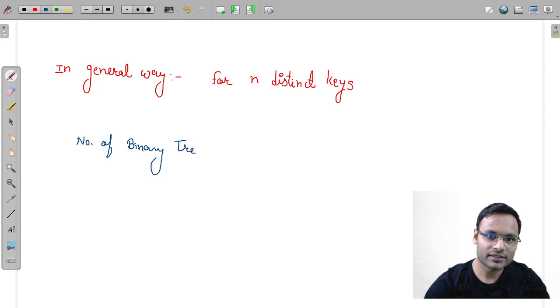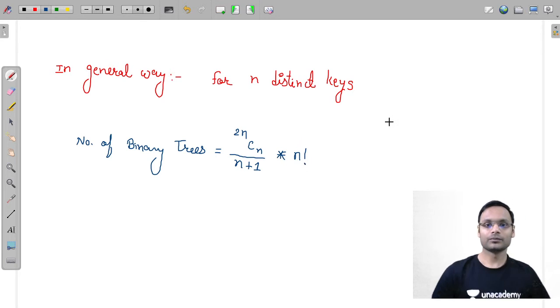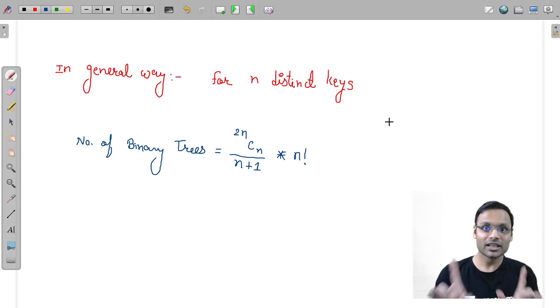First of all, you will have different types of trees given by the Catalan number. These many trees are possible. In each tree you can populate the keys in n factorial ways. So this will be your number of binary trees, regular binary trees with n distinct keys. Superb, amazing.